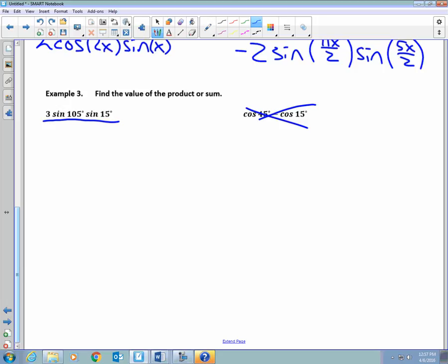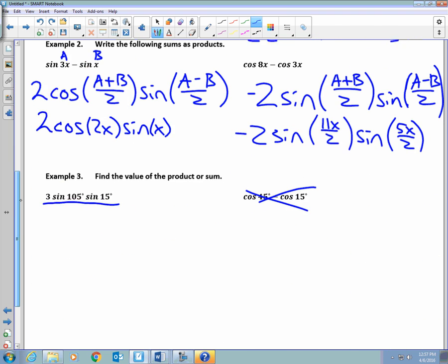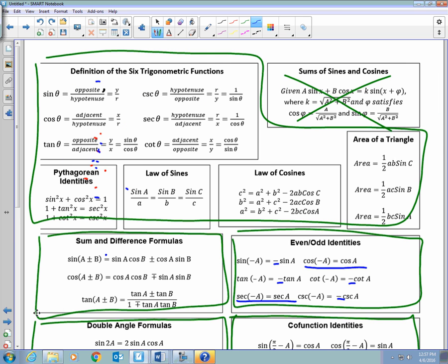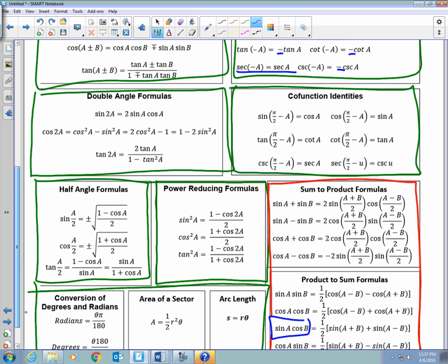So sine times sine. Do I have that up here? I don't. So I'm going to have to locate that on my sheet. It is the first one under product to sum. So I got cosine minus cosine plus.